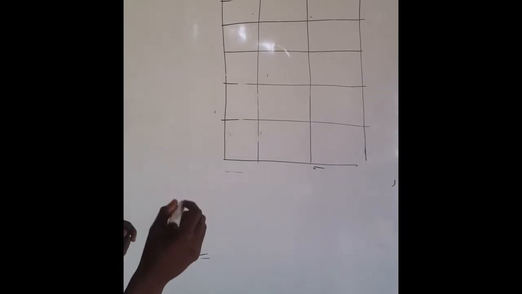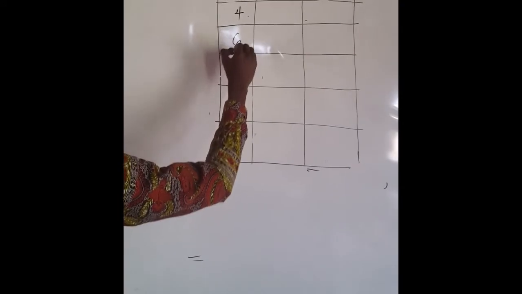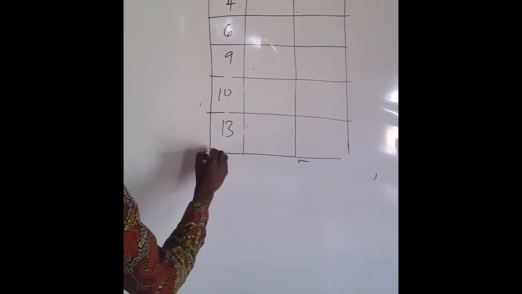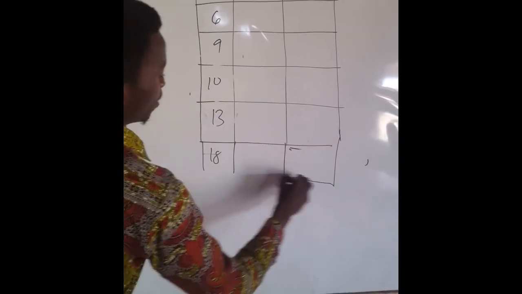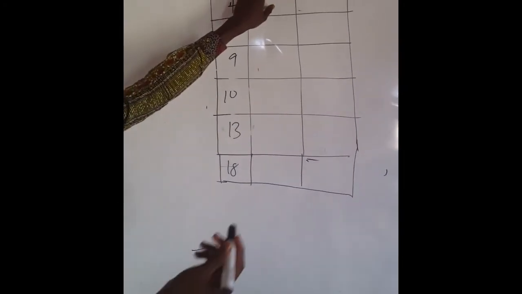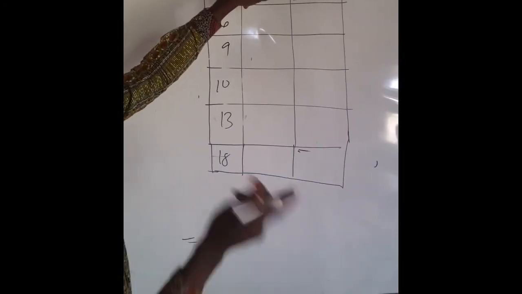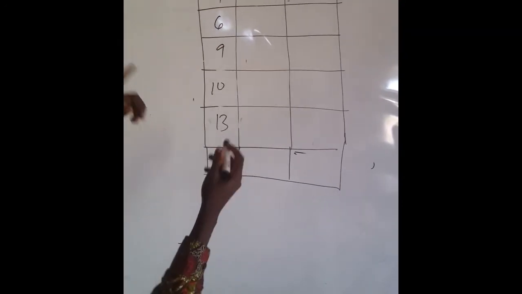So x stands for the values which are 4, 6, 9, 10, 13, and 18. And this place is for x minus x bar, meaning we are subtracting the mean from the values.